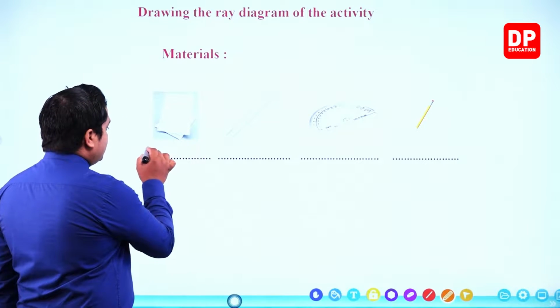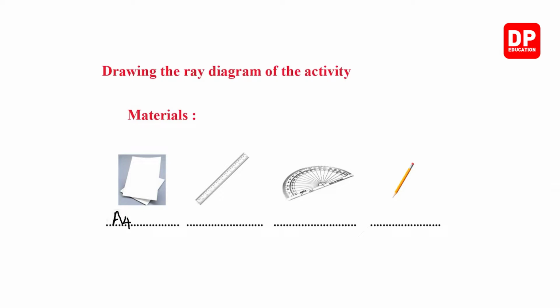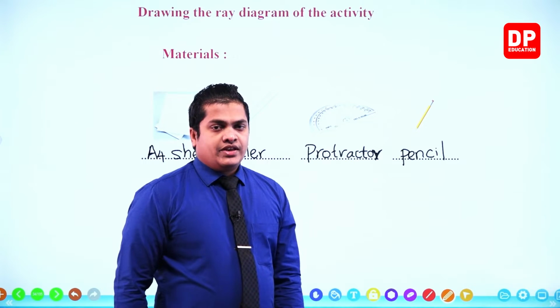We'll be needing an A4 sheet, then a ruler, then a protractor, then a pencil. So these are the materials which we need.